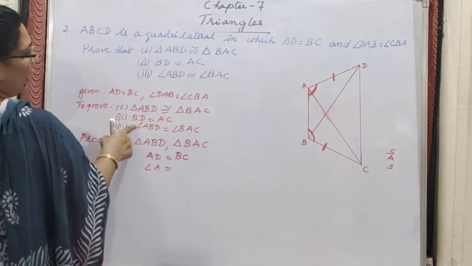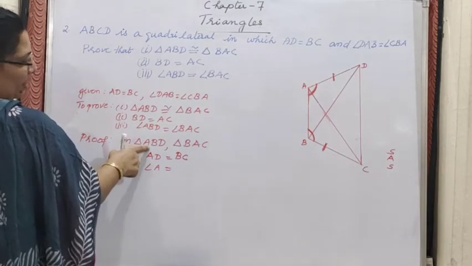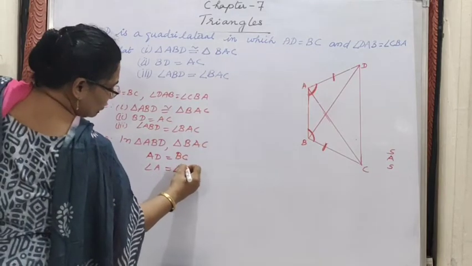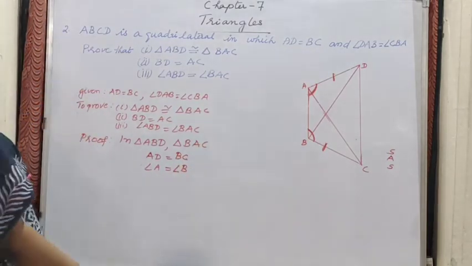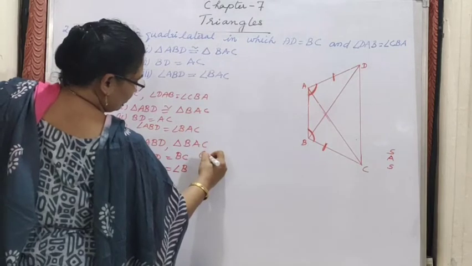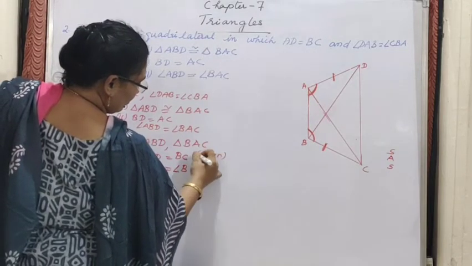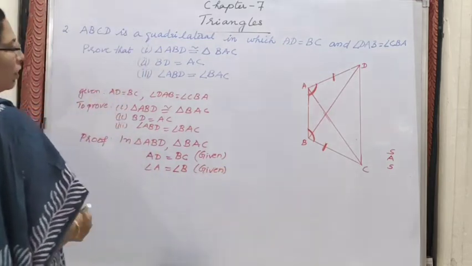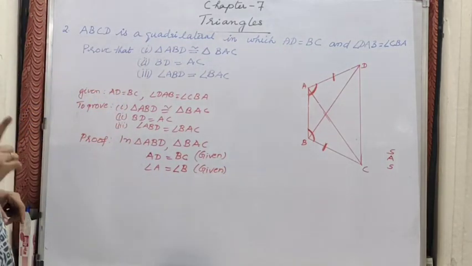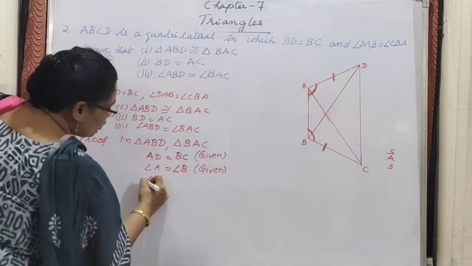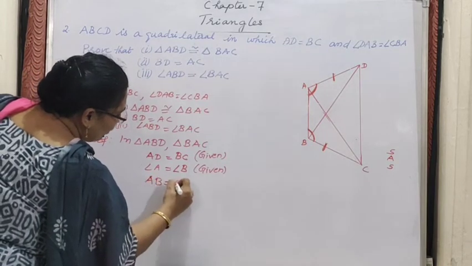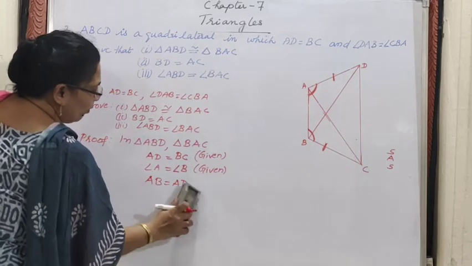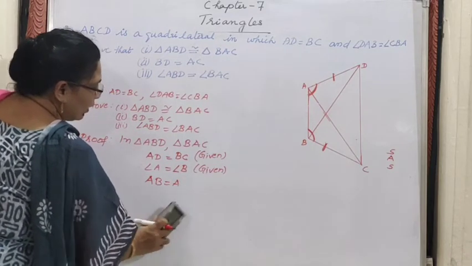Now angle A for triangle ABD is equal to angle B of BAC, the same equal sign is marked. So both criteria are given. Okay. Now we need one more criterion. We identified that it is a side only. So AB equal to AB. It is common.